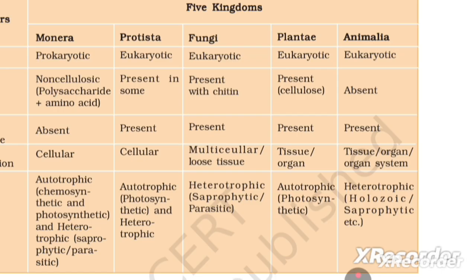Nuclear membrane: Monera absent, Protista present, Fungi present, Plantae present, Animalia present. Body organization: Monera cellular, Protista cellular, Fungi multicellular or loose tissue, Plantae tissue or organ, Animalia tissue, organ or organ system.